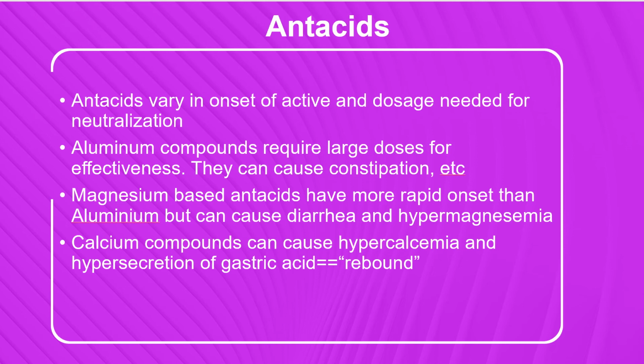They can cause constipation, etc. Magnesium-based antacids have more rapid onset than aluminum, but can cause diarrhea and hypermagnesemia, and clearly that is too much magnesium. Calcium compounds can cause hypercalcemia and hypersecretion of gastric acid. So you can have too much of these elements if you take too much of the antacids, obviously.